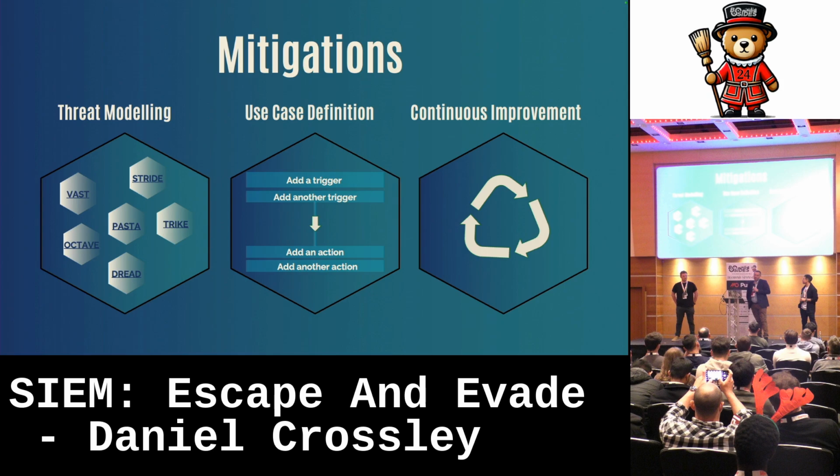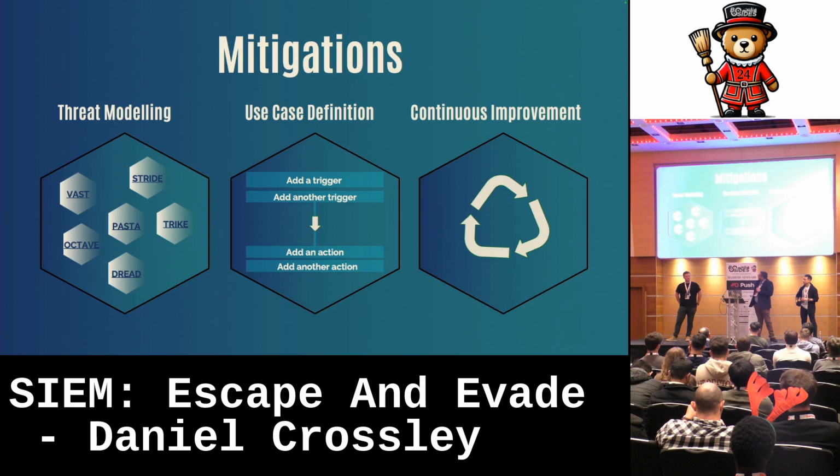Whether you're using something that's well known, like Stride, or whatever, although some of those can be a bit more daunting and overwhelming in terms of the amount of effort that you have to put in, whether you've got something that's more bespoke within an organisation of how you model that risk, or whether it's something more lightweight like Pasta. But effectively, you should be working through it. You're the security experts, right?